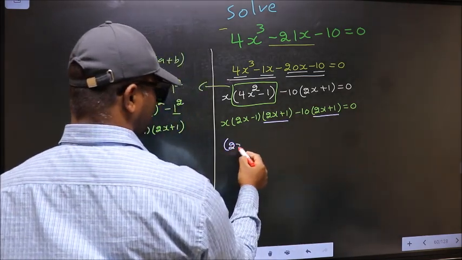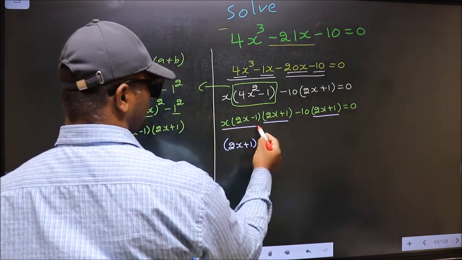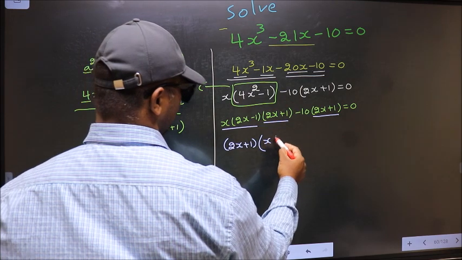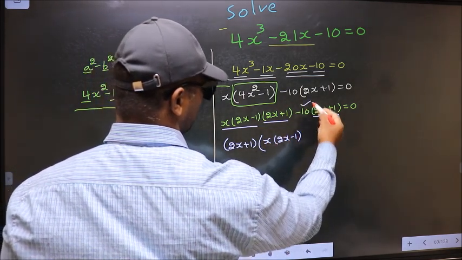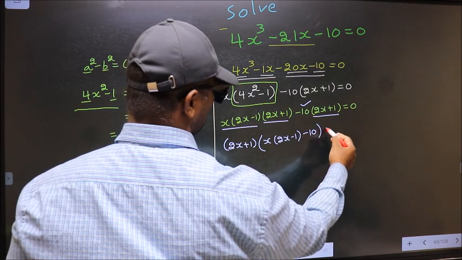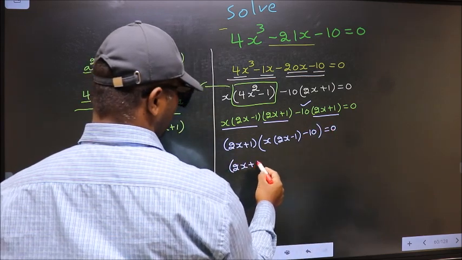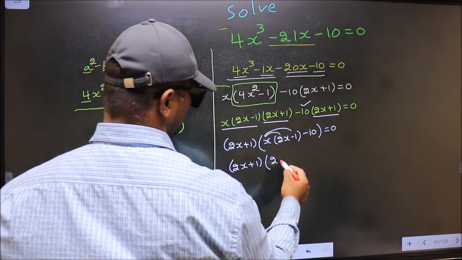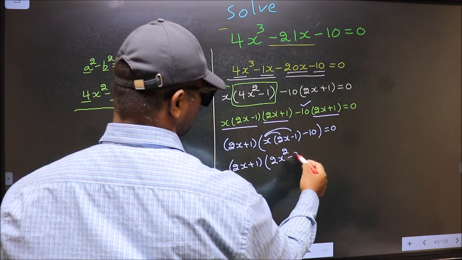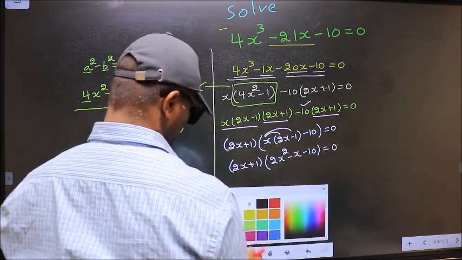So 2x plus 1 outside. Over here we are left with these two, that is x times 2x minus 1, and over here we are left with minus 10 equal to 0. Now 2x plus 1. Now you open up the brackets. You get 2x square minus x minus 10 equal to 0.